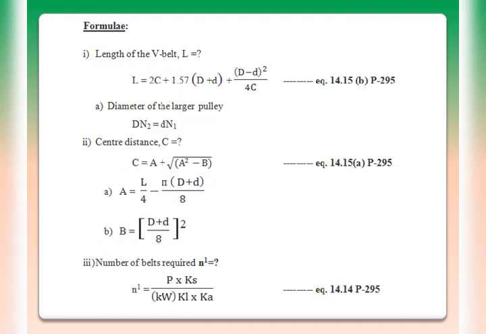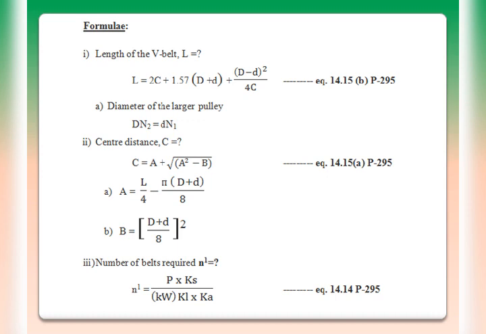We'll list out the various formulas or equations that are required to deal with this particular problem. First unknown: we must design the V-belt. So length of the V-belt L is equal to question mark. That can be obtained by using the equation on page number 295, equation 14.15b.